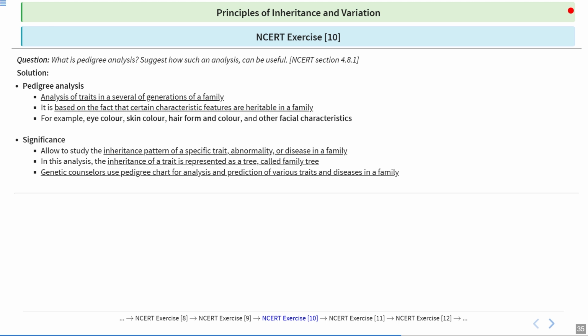So the genetic counselor can predict it, and then required measures can be taken. It is useful in preventing hemophilia. So these are all genetic disorders: X-linked recessive genetic disorder hemophilia, sickle cell anemia, an autosomal recessive disorder, and other genetic disorders in future generations. Because these genetic disorders are inherited from one generation to another, from parents to the offspring.